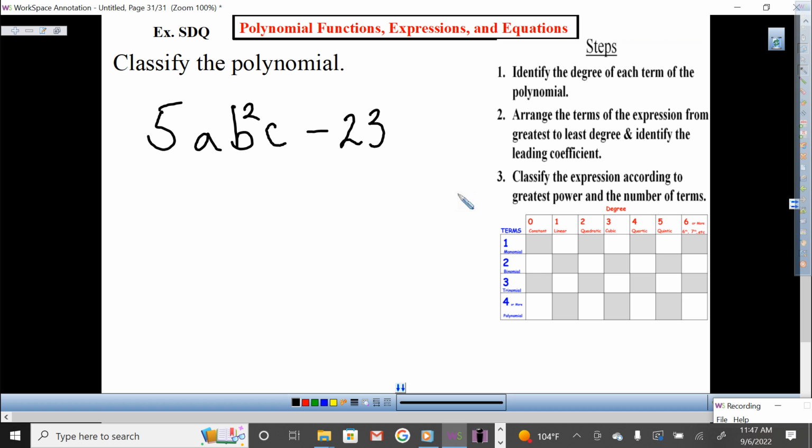All right. So arrange that, go through the steps, and give it a name, please. Leading coefficient.